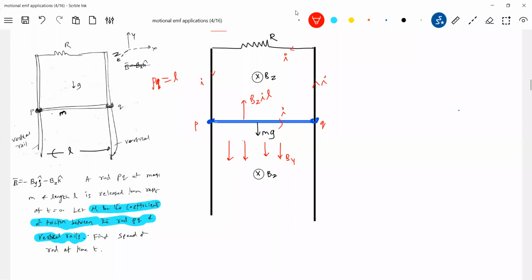I'll show this. This force will be acting on the rod. How much is it? BY I L, and it will be pressing the rod, and because of that there'll be normal contact, and F equal to mu N. I think I can help you with a small diagram, the rest you are supposed to imagine.